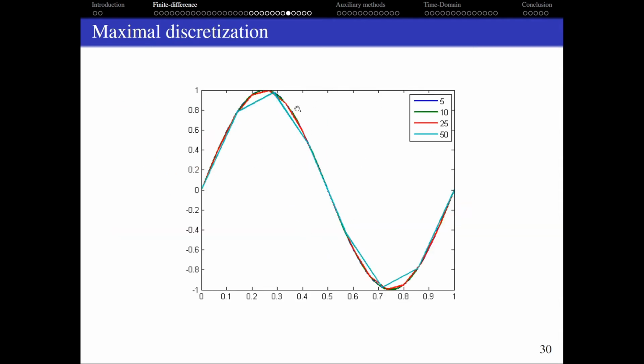So when you look at those discretizations, the 5 nanometers case is actually very smooth behind all those curves. We don't see it.